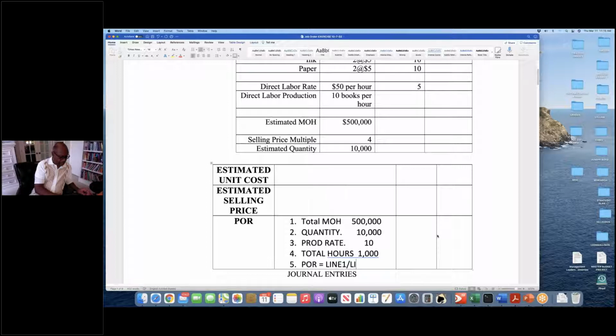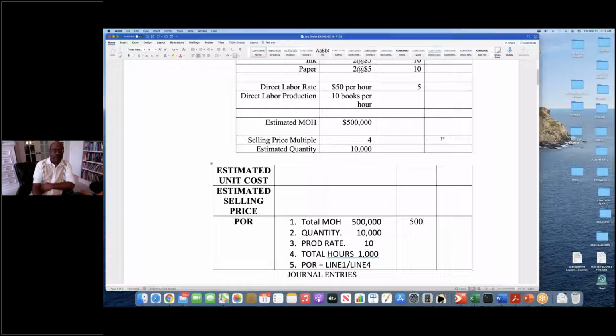Divided by line 4. So that gives us what? For the POR, 500. Okay. So our POR we calculate to be 500.